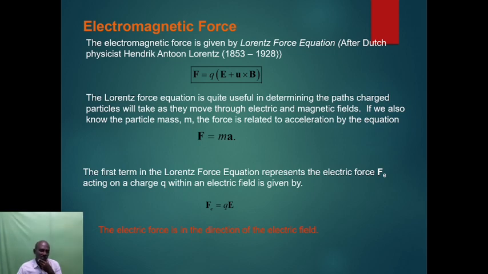Next, electromagnetic force. Electromagnetic force means the force constituted by both electric as well as magnetic field. It's a combination of electric as well as magnetic force. The total force F is equal to Q into E plus u cross B, where F is the force, Q is the charge, charge at rest, E is the electric field intensity, u is the velocity of the charge. Magnetic force is created by the moving charge, so the moving charge has velocity u cross B, where B is the magnetic field intensity.